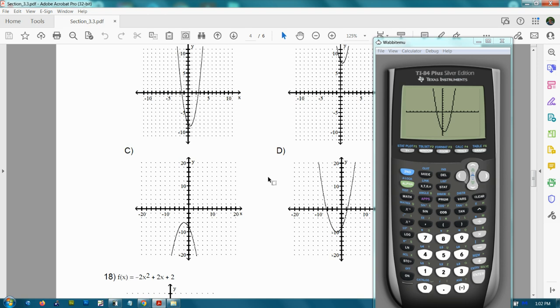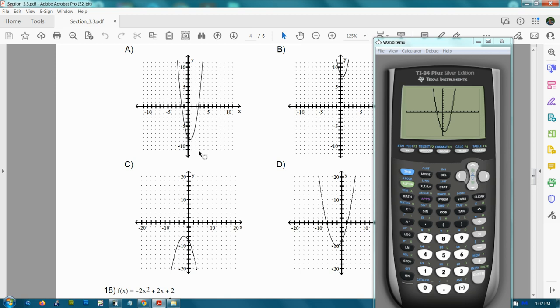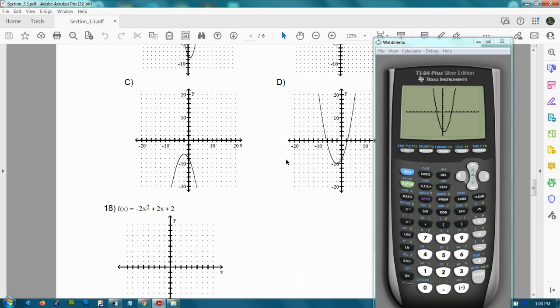And as we can see, nothing else looks like this but letter A. It's number 17, excuse me, letter A. There you see it right there. Nothing else even comes close. So, looking pretty good.